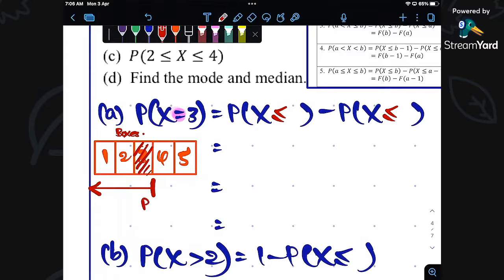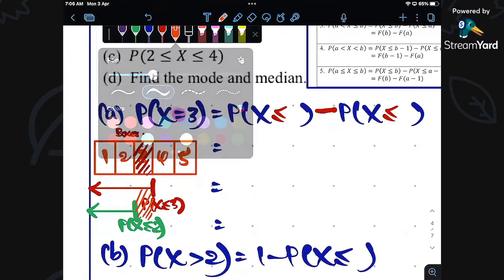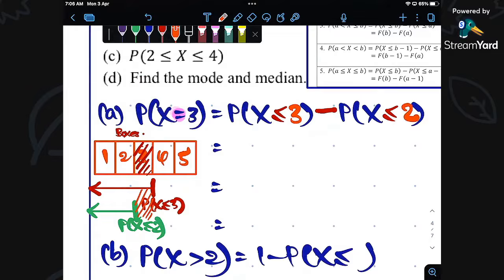So Px less than or equal to 3 means the whole thing from number 3 to the left, and then you have to minus it with Px less than or equal to 2, to the left. So you imagine 3 to the front, minus 2 in front, and you get the one in the middle, isn't it? You get the third box. So actually it's very easy. It is just 3 to the left minus 2 to the left.